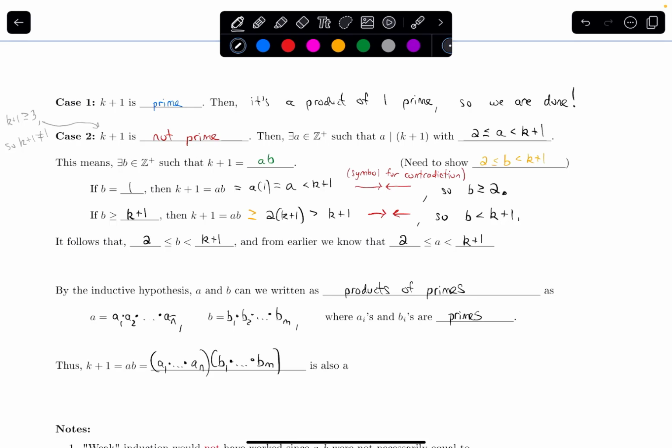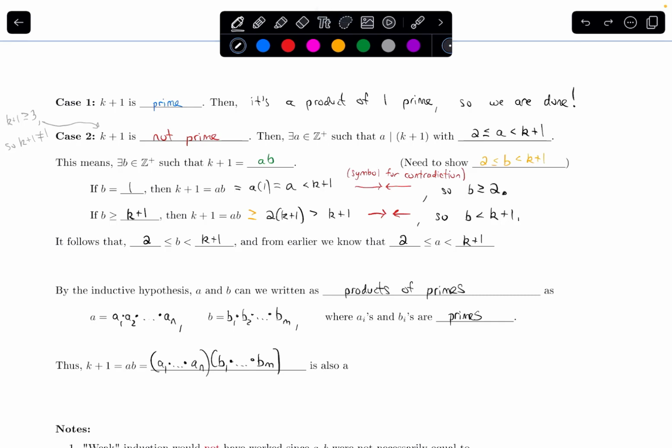The reason why I'm using different variables here for these subscripts is because n is the number of primes multiplied together for a, and m is the number of primes multiplied together for b, but those might be different. If I used the exact same variable for these subscripts, I'd be assuming that a and b have the same number of primes multiplying together to form them, which is not necessarily true.